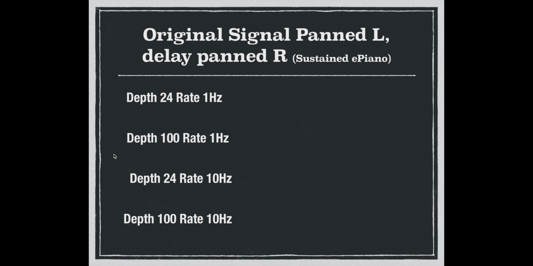So you can see how that could be somewhat musical, and it would have some musical applications if you had a mono electric piano and you wanted to create a faux stereo effect. Lastly, we're going to have a depth of 100, rate at 10.